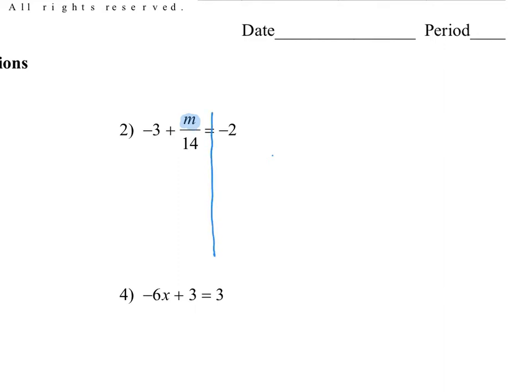And this one, I notice that for the m, it's being divided by 14 and we're adding a -3. So the opposite is going to be to add that 3. The opposite of -3 is +3. Add that to both sides and we'll get that m divided by 14 is equal to 1.